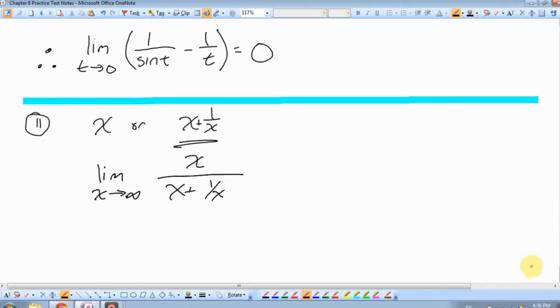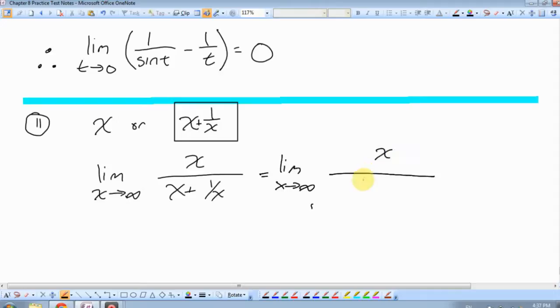I don't like this right here. It's a compound rational expression. We don't like those. So let's simplify that denominator.